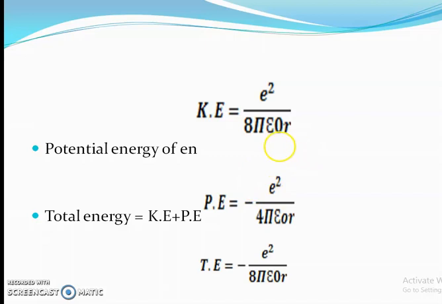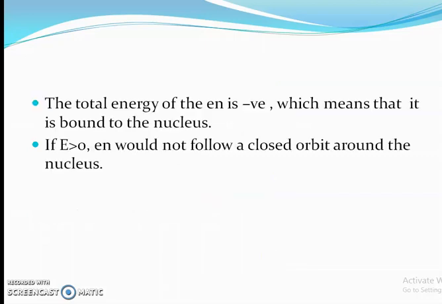Potential energy = −e^2/(4πε0 r). Now for the total energy, just add these two equations, and you will get −e^2/(8πε0 r). This is the expression for the total energy of an electron in a hydrogen atom.